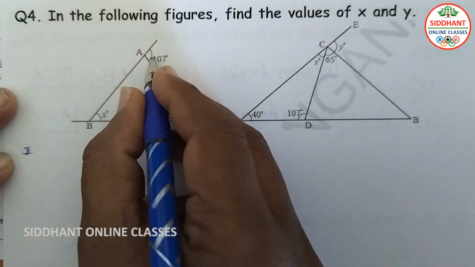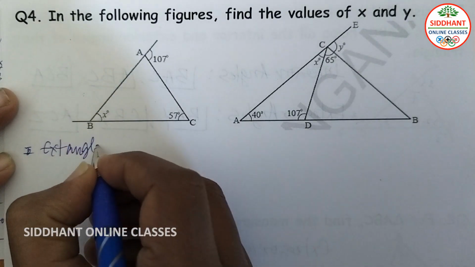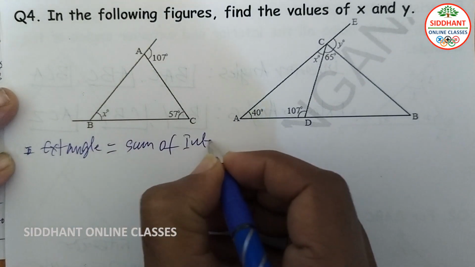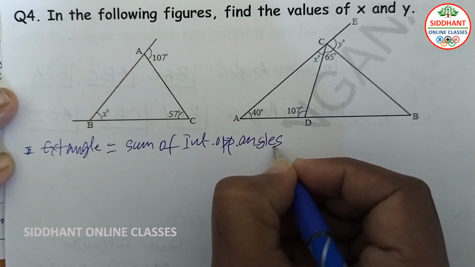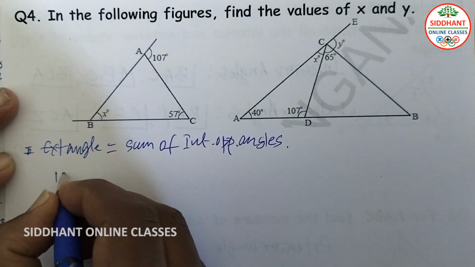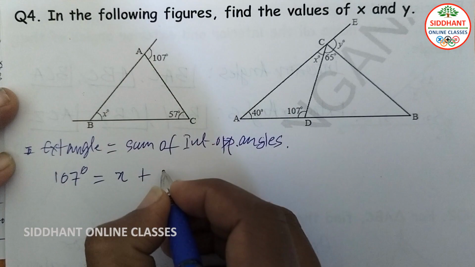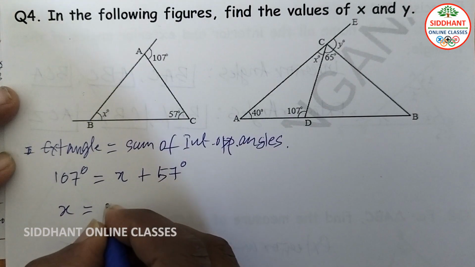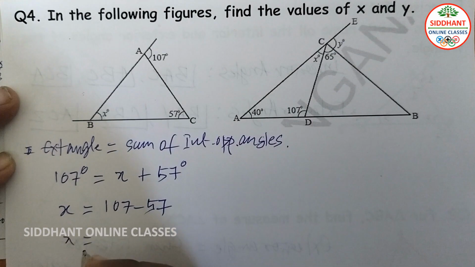So 107 degrees is equal to angle X plus 57 degrees. Then X is equal to 107 minus 57. Then X is equal to 50 degrees here.